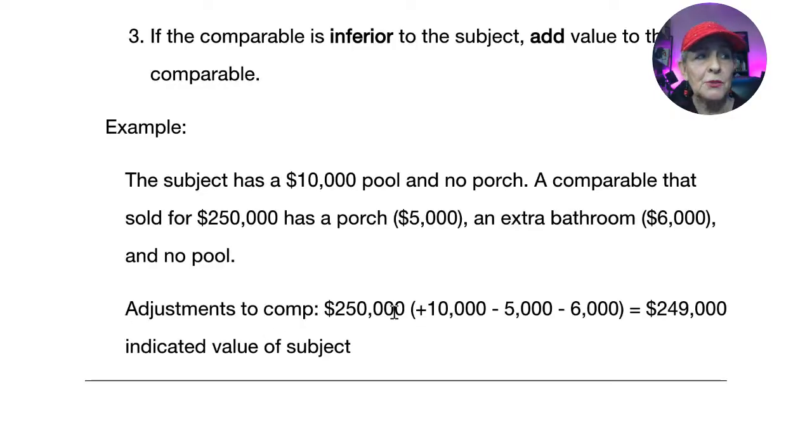So adjustments to the comp of 250, which is the comparable: we're adding plus 10,000 for the pool, minus 5,000 for the porch, because the subject property does not have a porch, and minus 6,000 because it has an extra bathroom that the subject property does not have. So this brings a comparable value of 249,000.